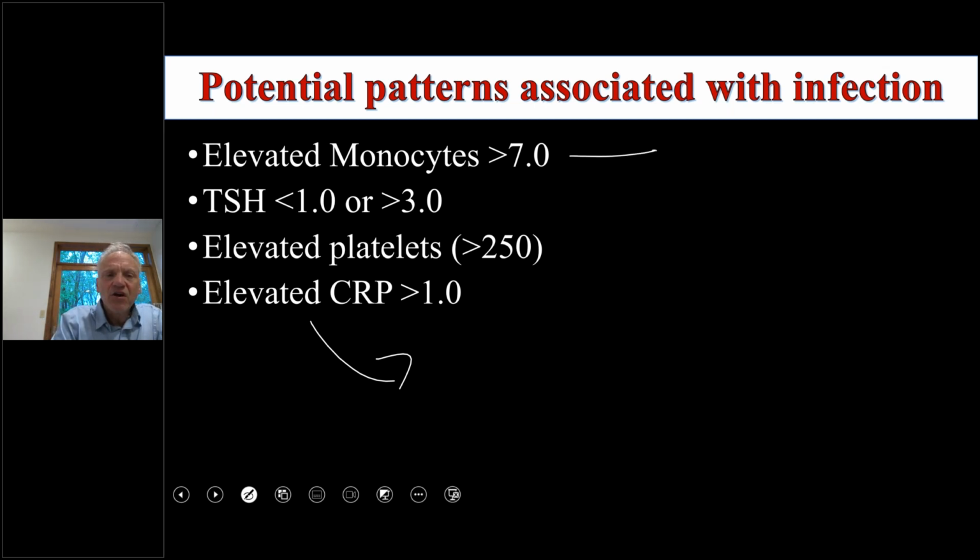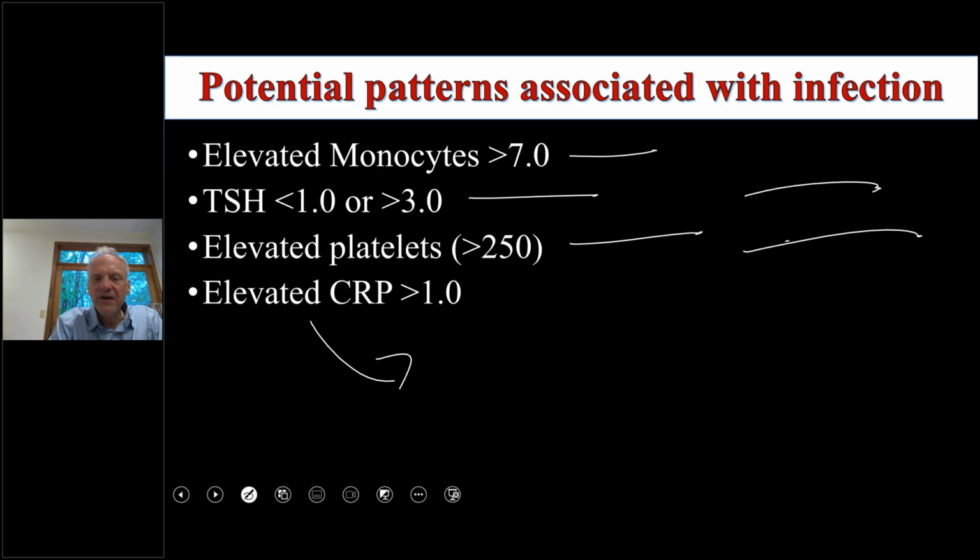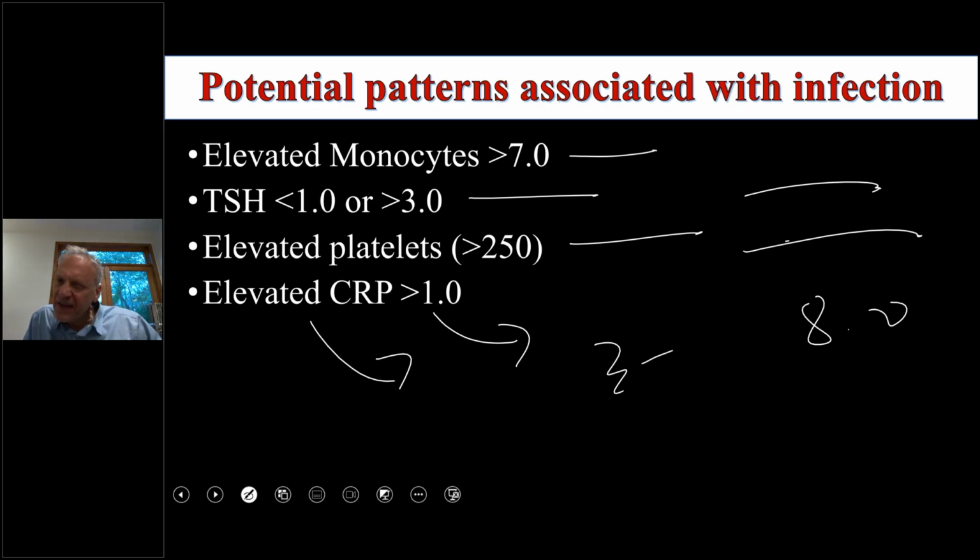If monocytes are normal, TSH is normal, platelets are normal, white blood cells are normal, the patient feels pretty good, maybe they're having some joint pain, and their CRP's above 1 but it's not out of clinical range. Let's say 8 is clinical range, so let's say it's 3 or 4 or 5. I'm not thinking that necessarily fits a pattern of infection. I'll still keep that on my radar, but I'm not thinking so strongly.